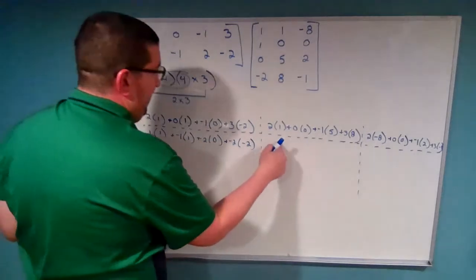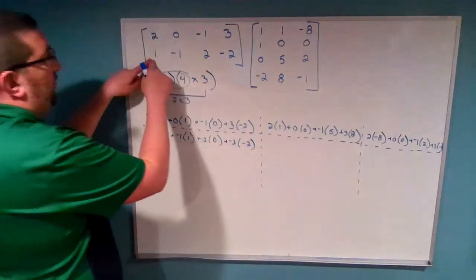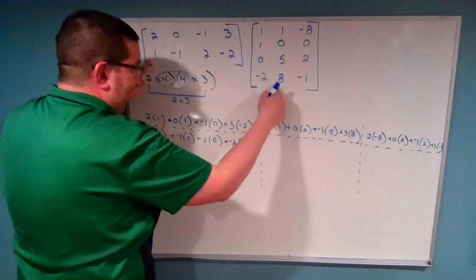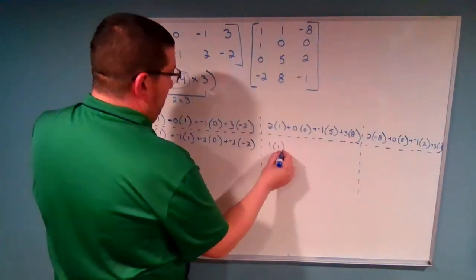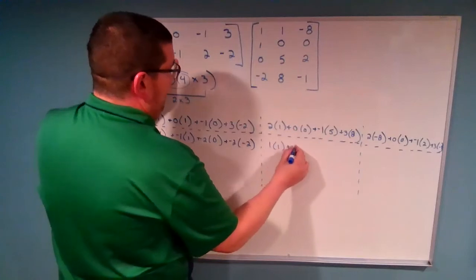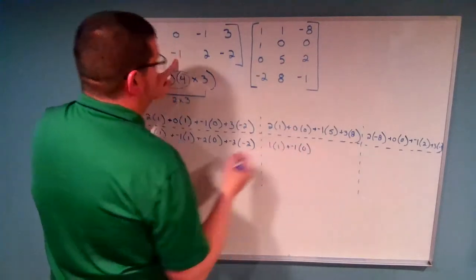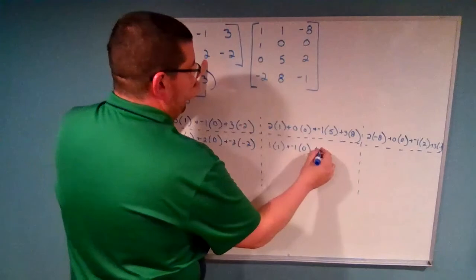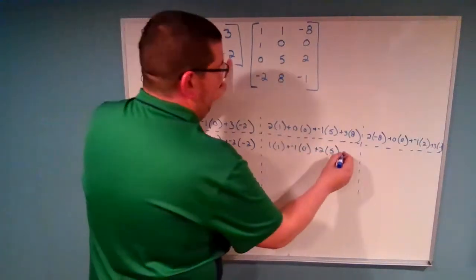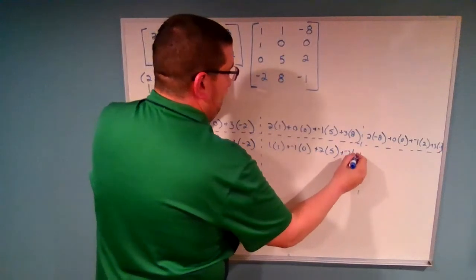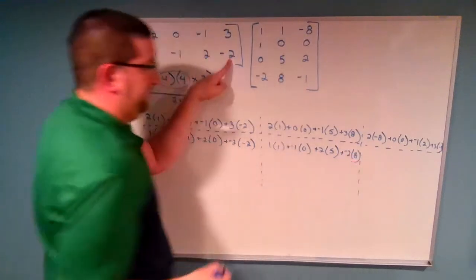Our next, second row by second column, is going to be 1 times 1 plus -1 times 0 plus 2 times 5 plus -2 times 8.